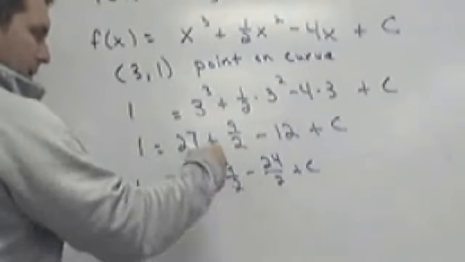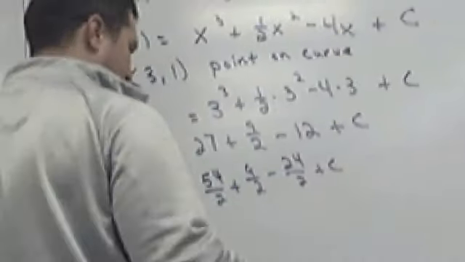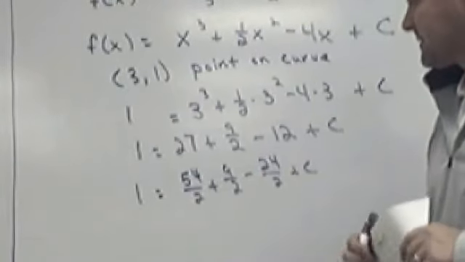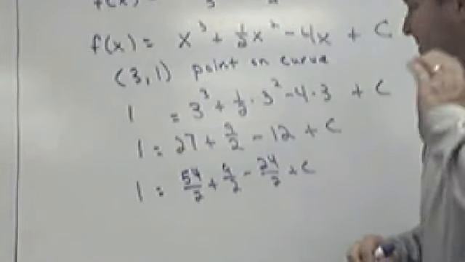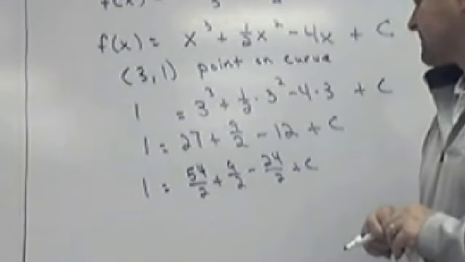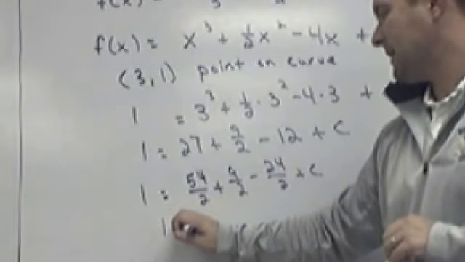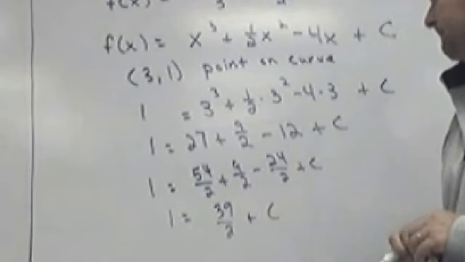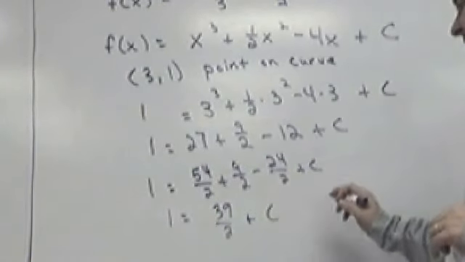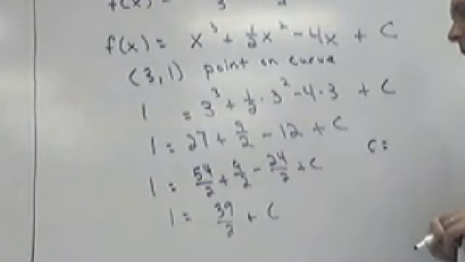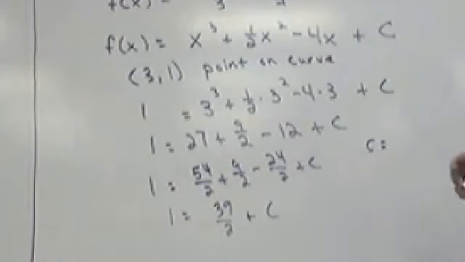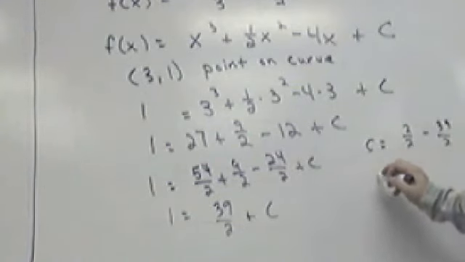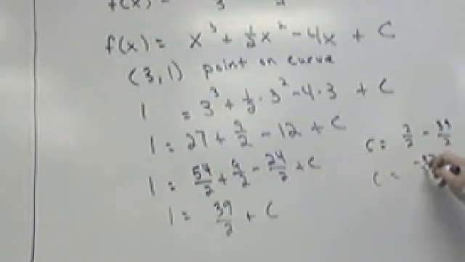So you guys can do this math. 54 plus 9 is 63. 63 minus 24 is 39 halves. So 1 equals, hopefully I'm doing this right, 39 halves plus c. Okay, so c is going to equal 1 minus 39 halves, or 2 over 2 minus 39 halves. So c will equal negative 37 halves.